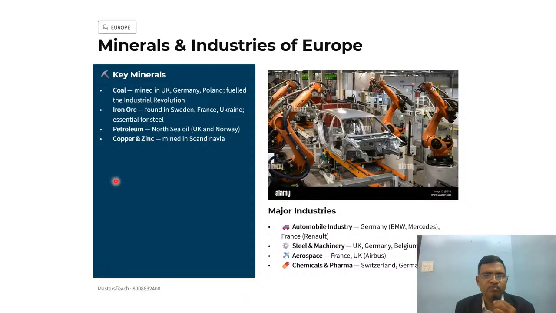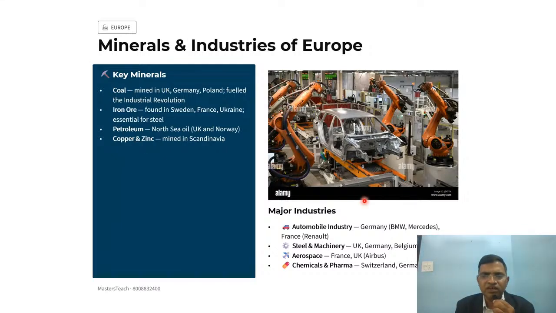Then iron ore, found in Sweden, France, and Ukraine, is very essential for steel. Then petroleum, found as North Sea oil in the UK and Norway. Then copper and zinc, mined in Scandinavia. So these are the key minerals: coal, iron ore, petroleum, copper, and zinc.